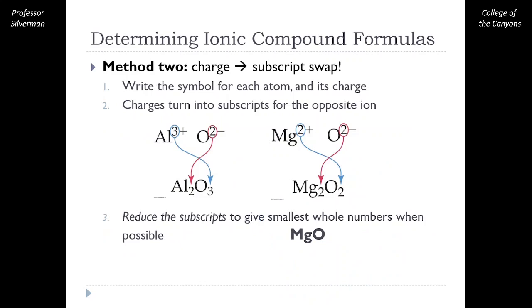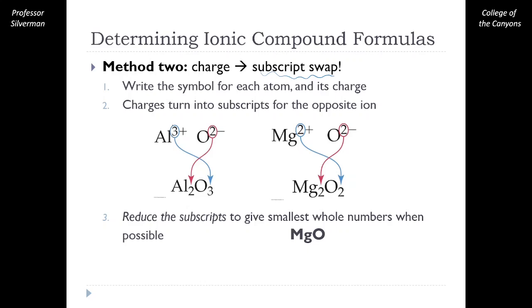We can introduce a second strategy that's maybe a little bit faster. This second strategy we can call the subscript swap method. Our plan is just a simple math trick that allows us to very quickly get a charge neutral compound. The math trick is this.